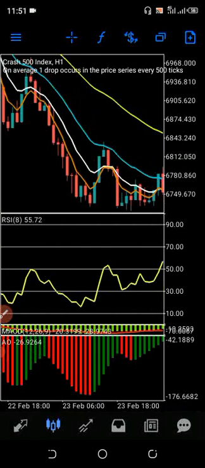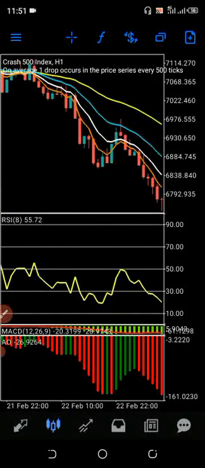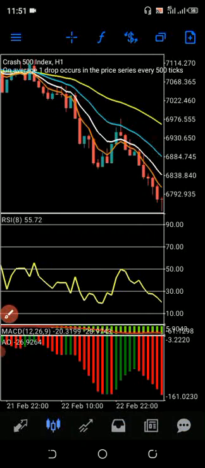Watch the board on the relative strength index carefully. Anytime you see something like this on the relative strength index, it automatically becomes a resistance level, and anytime you see something like this, it automatically becomes a support level.